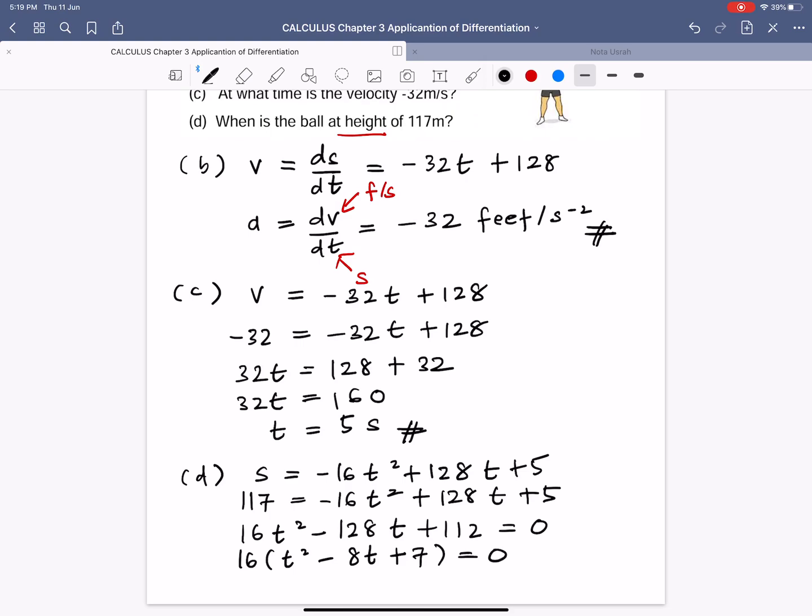So what's next is we can eliminate 16. What's left is t squared minus 8t plus 7 equals 0.